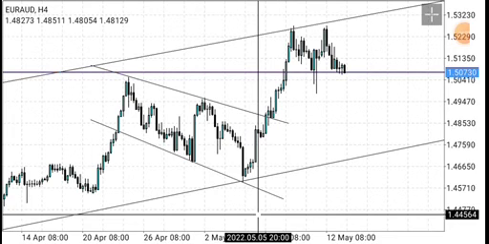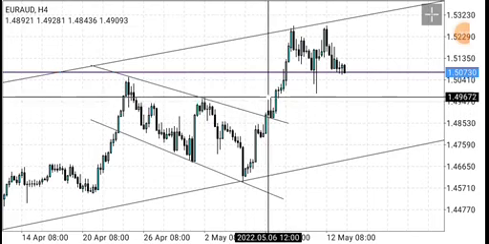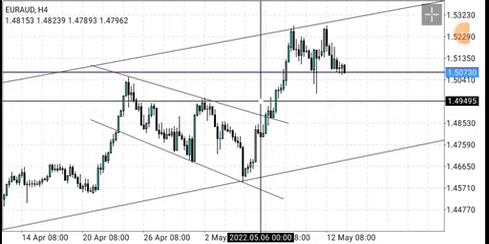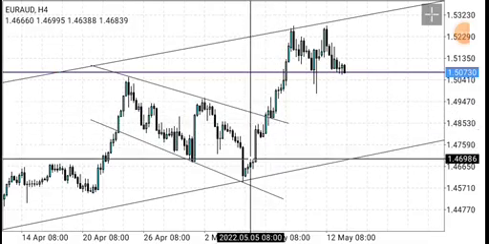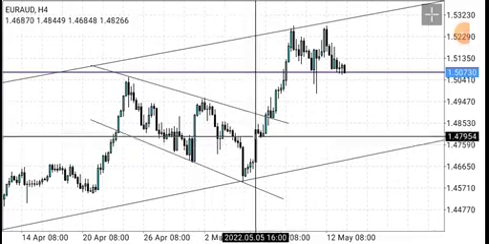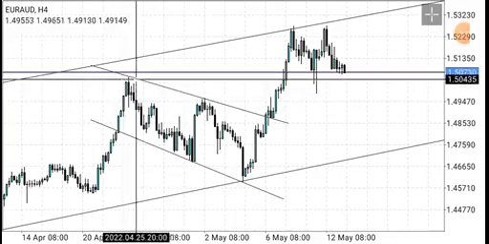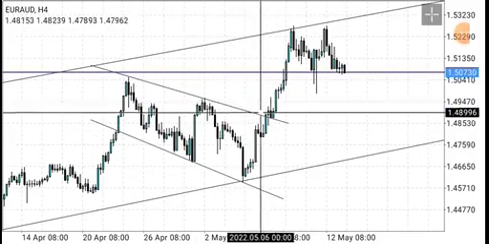I also mentioned in the last video that whenever we see our support or resistance broken, it means price is about to make a long rally. In this particular instance, we see that price broke our trend line, which is our resistance.